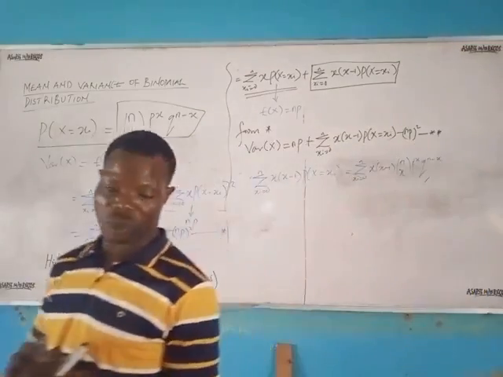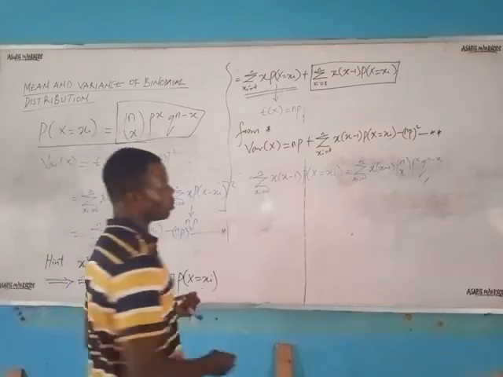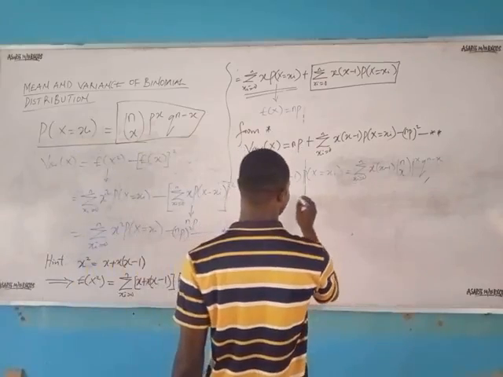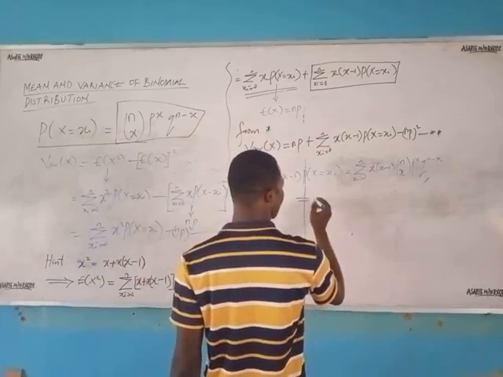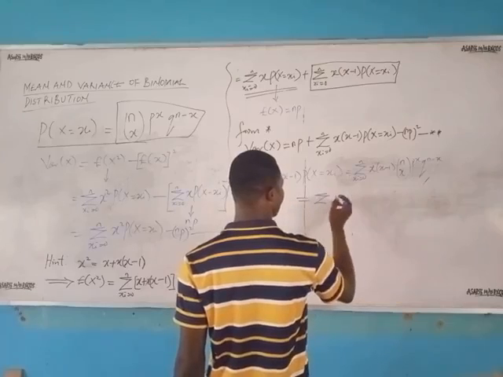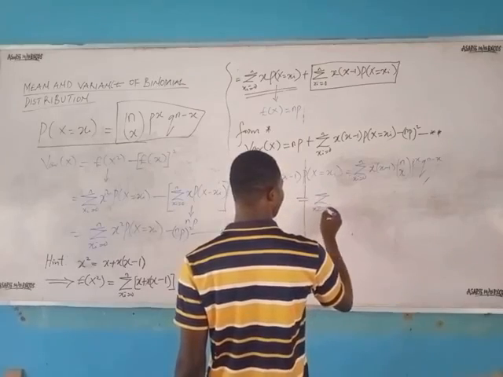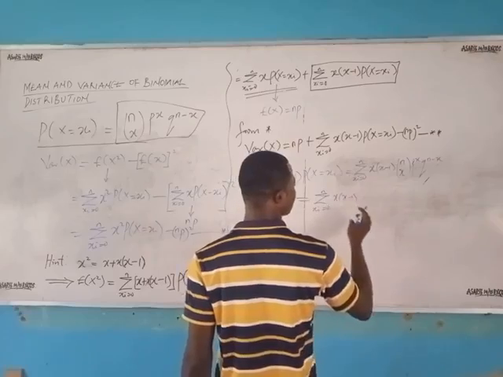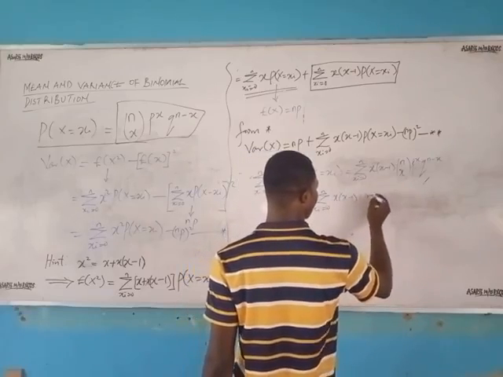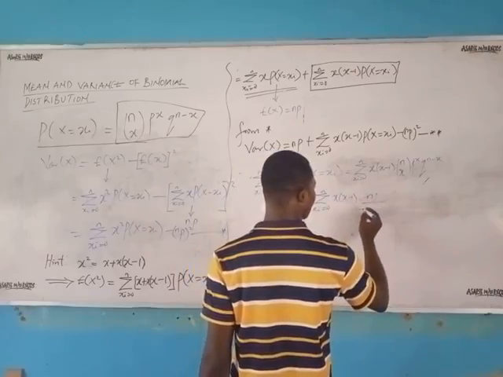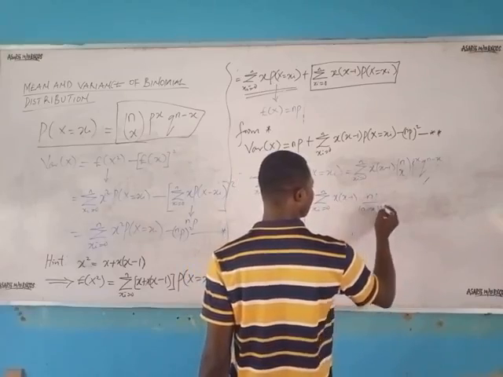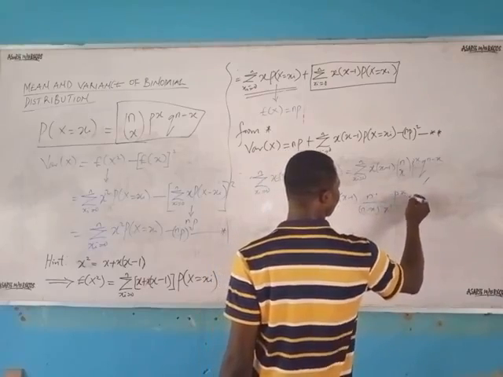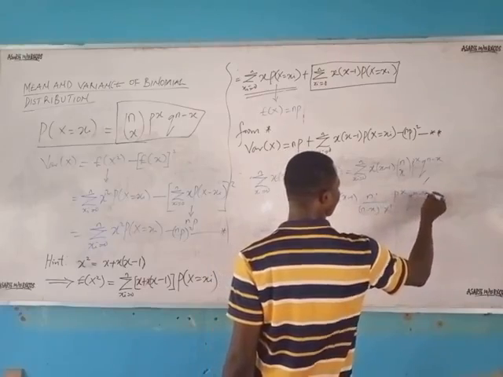In the same manner, we are going to bring out the parameters here. So this is the same thing as the summation, x from 0 to n, of x into x minus 1 times n factorial over x factorial times n minus x factorial, then p to the power of x, q to the power of n minus x.